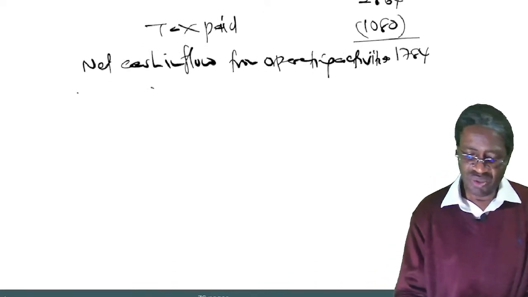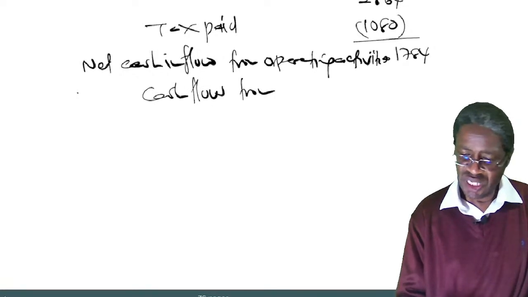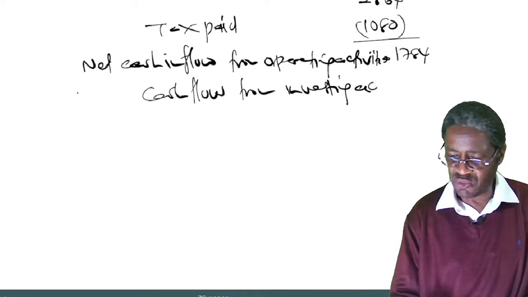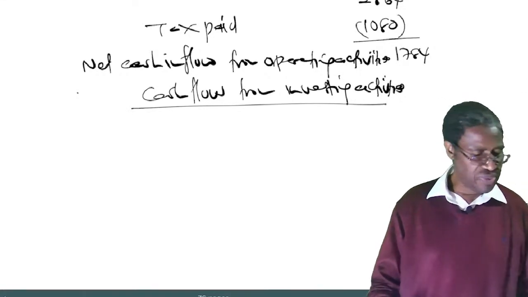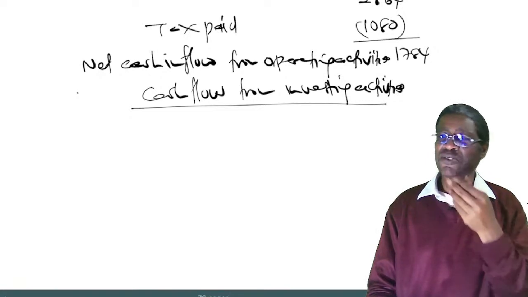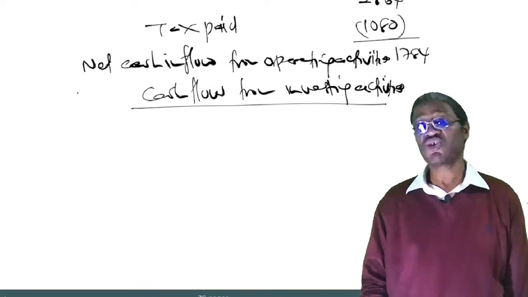So we come and say your cash flows from investing. Those ones, normally they are not many. Let us identify our cash flows from investing activities. Where do we get them? Sometimes you pick them from the additional information.